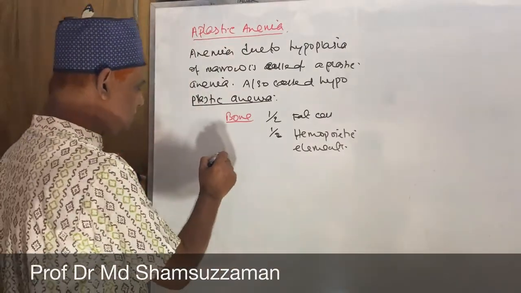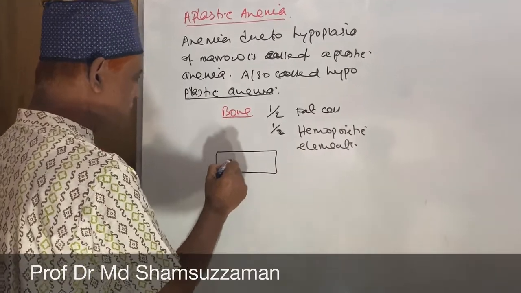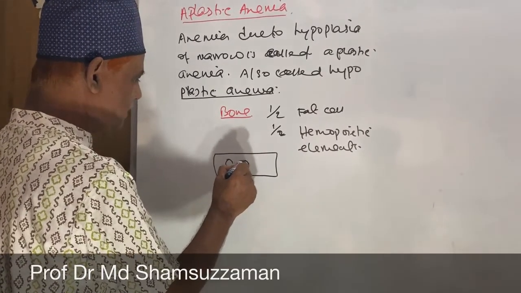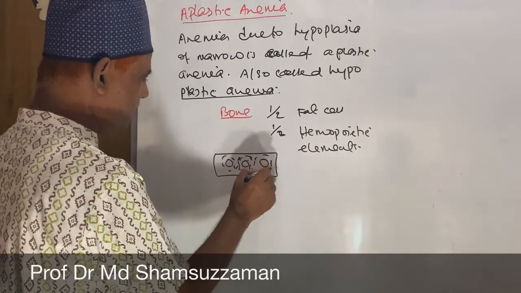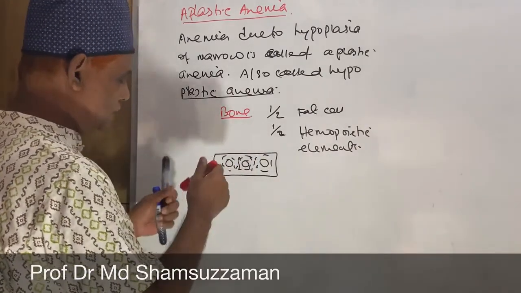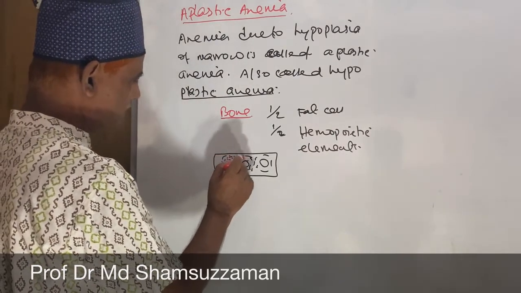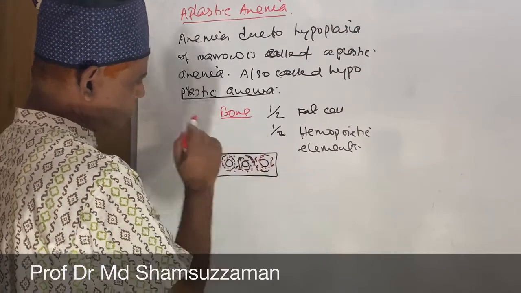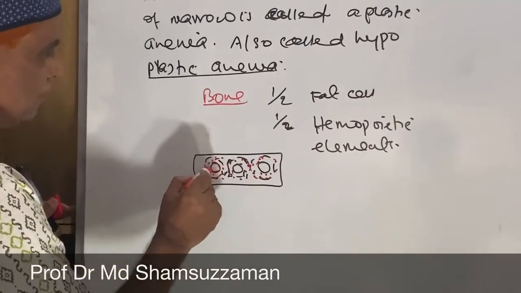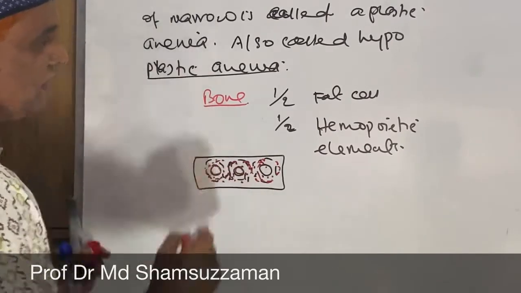If you consider this bone marrow in a slide, this is the fat space or fat cells, and in between these are the marrow elements. Around this, these are the hemopoietic elements.